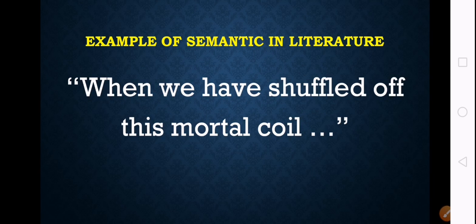Hamlet says, when we have shuffled off this mortal coil. Here, mortal coil carries a connotative meaning that suggests life, as Hamlet compares death to sleep. However, we are using coil in a different sense today, which means a series of spirals tightly joined together.